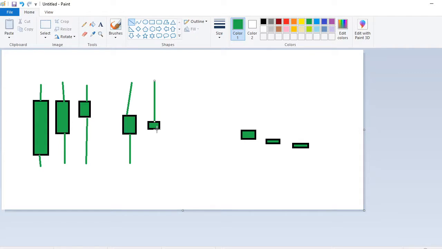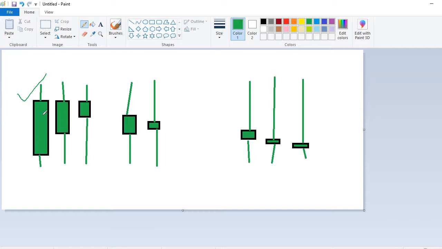And the bodies are at different positions. That means opens and closes are at different levels. Now if you look at the first one, of course this is a completely bullish candle.